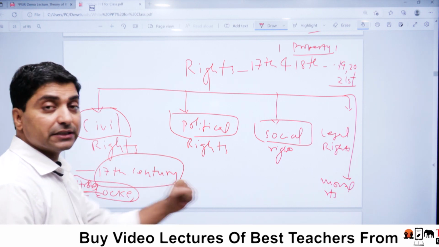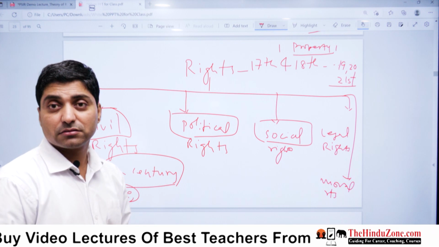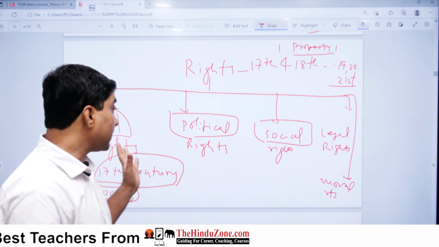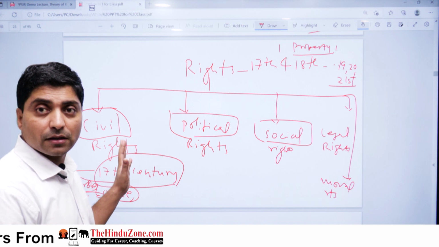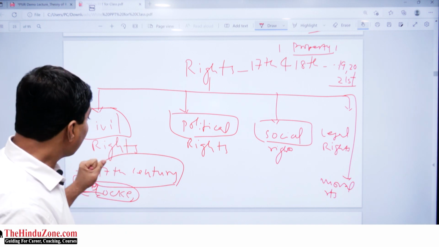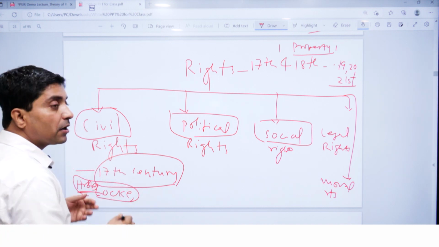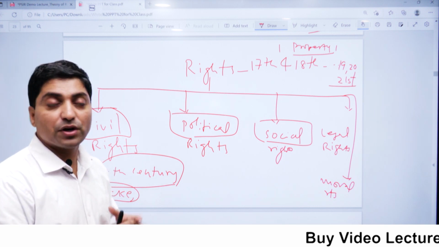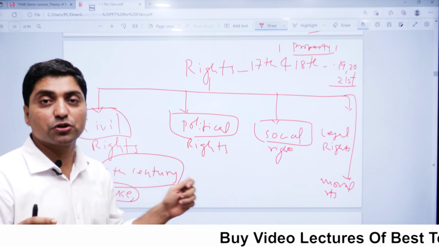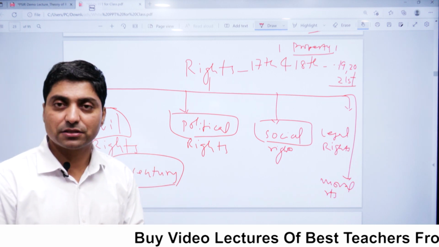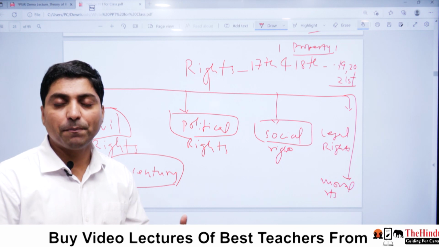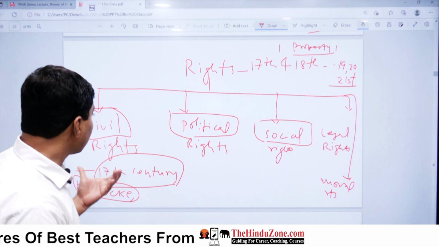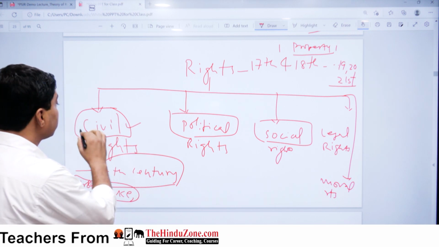Right to marry is a civil right. Right to profess any kind of religion is a civil right. So civil rights mean rights due to becoming a member. For example, I am a member of a particular community, I should possess certain rights. So these should be the basic civil rights.